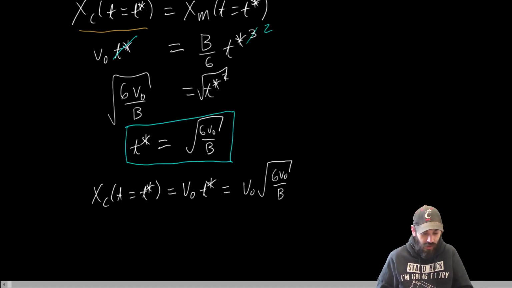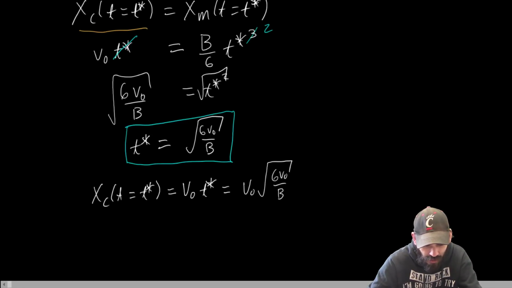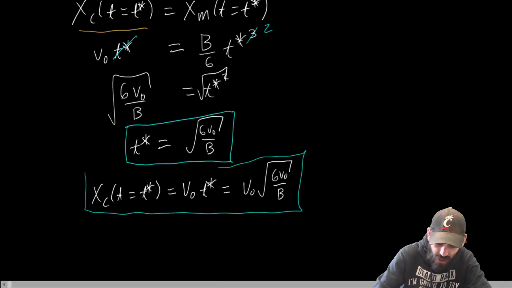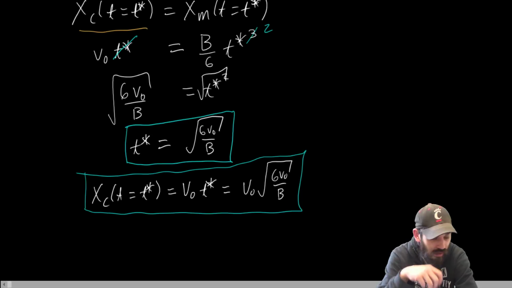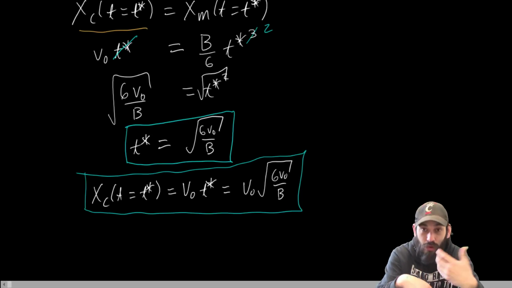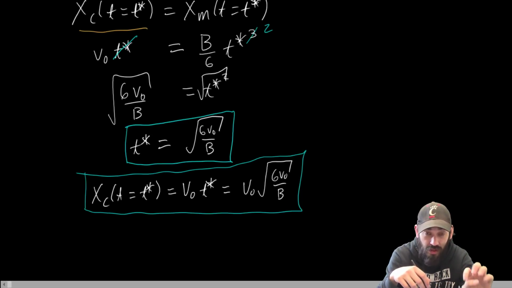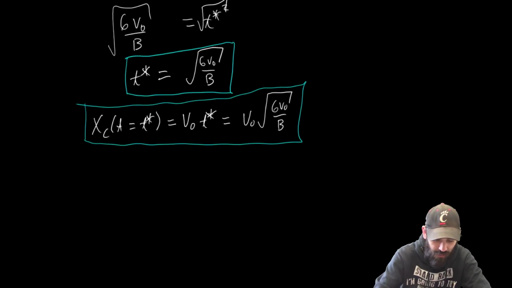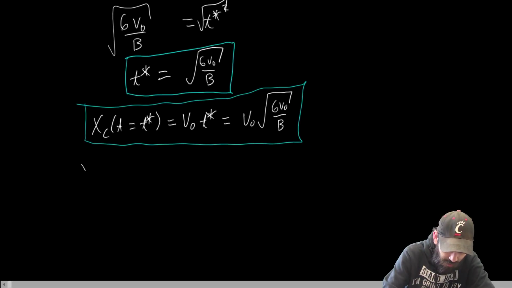Okay, perfect. Now, something I noted in here, and let's go ahead and check it. You'd get the same answer if you did it this way, or if you'd plugged it into the equation for the motorcycle. But let's go ahead and check that. So if I plug the same thing into the motorcycle equation, this is x sub m of t at t equal to t star.